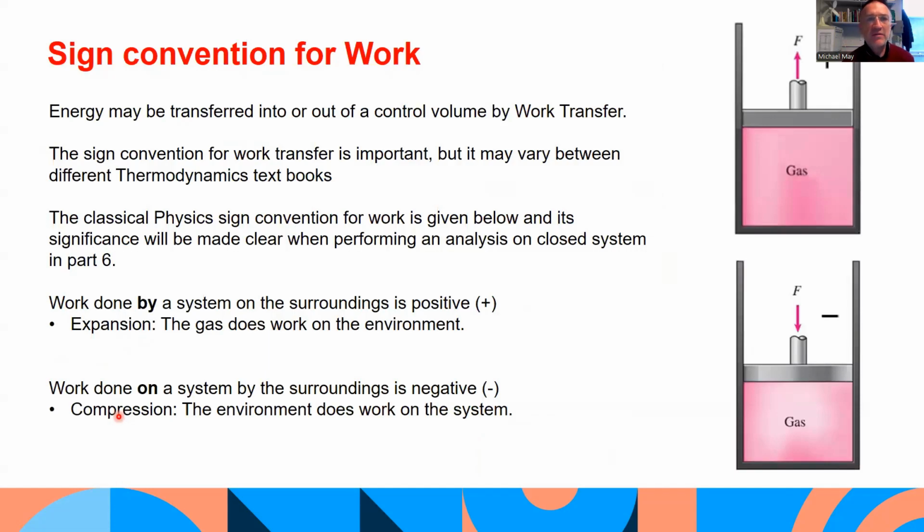So there's a sign convention for work and for heat. Let's look at work for the moment. Energy may be transferred in and out of the control volume by work transfer. The sign convention for work transfer is important, but it may vary between different thermodynamic books. The classical physics sign convention for work is given below, and its significance will be made clear when we perform analysis of closed systems in part 6.